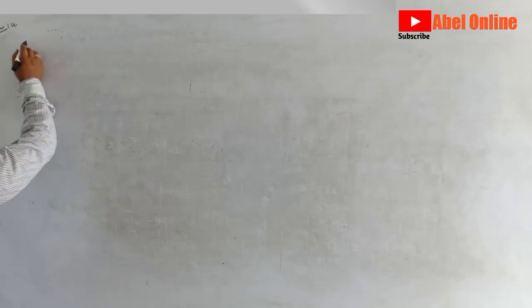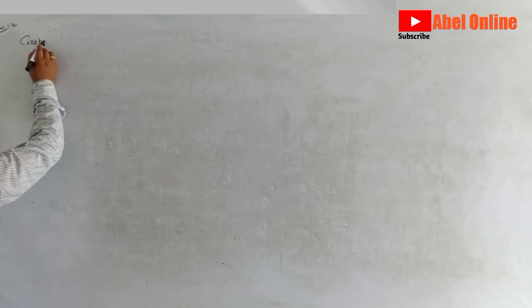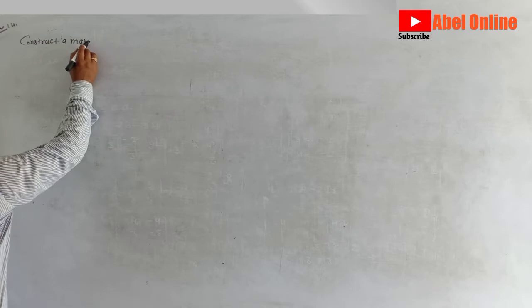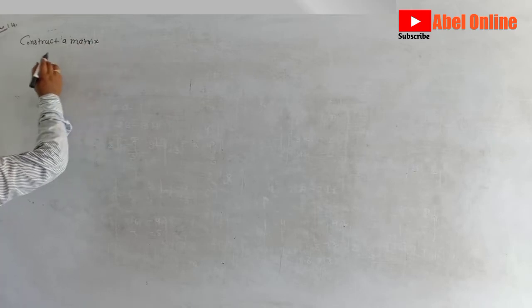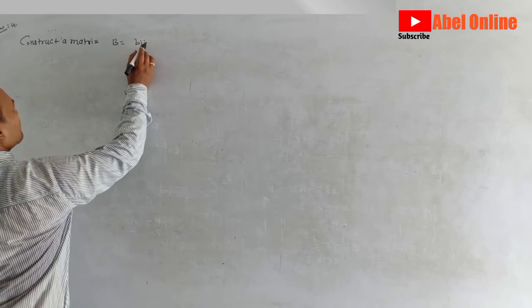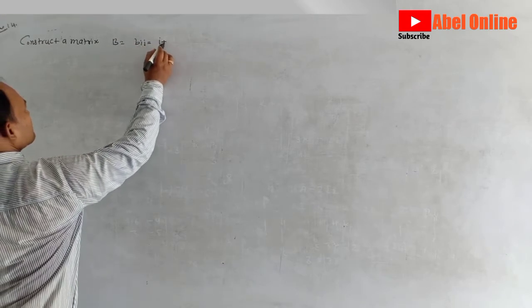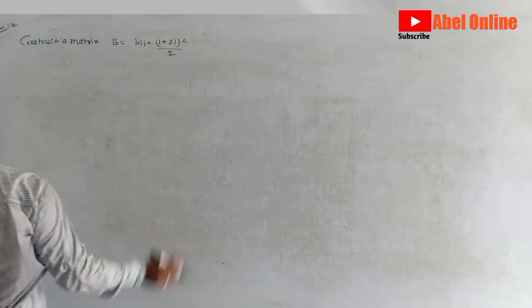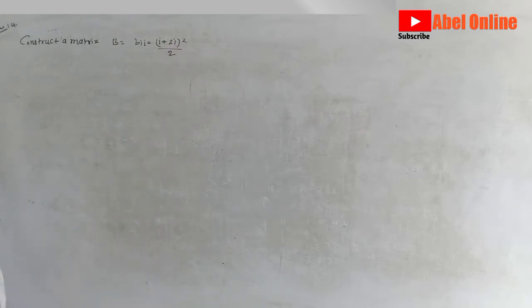Next, construct a matrix B where Bij equals (i plus 2j) whole square upon 2.